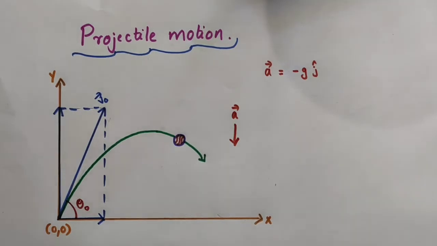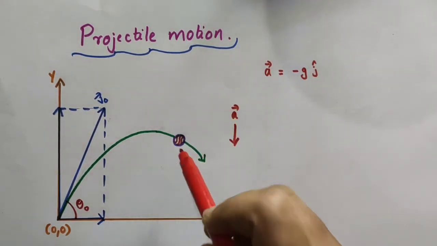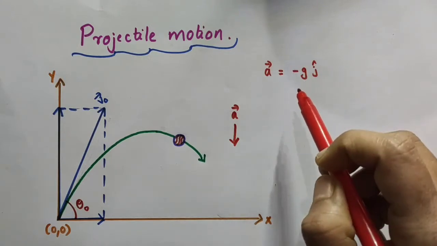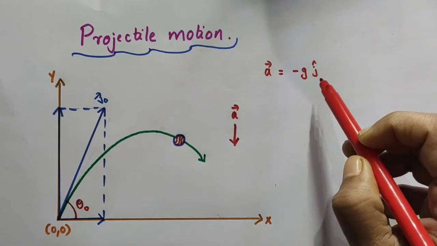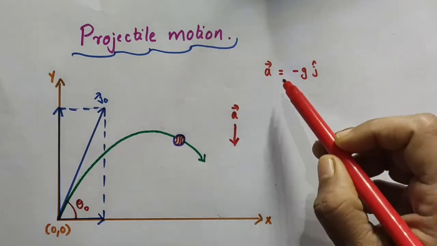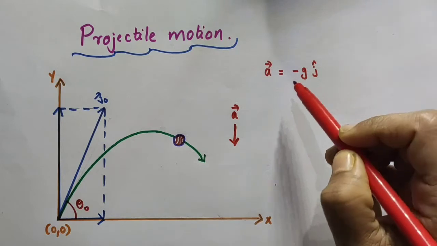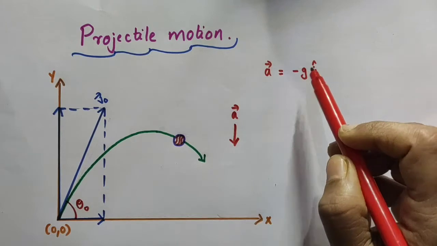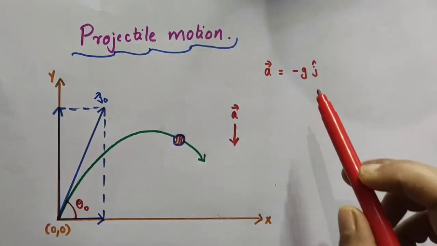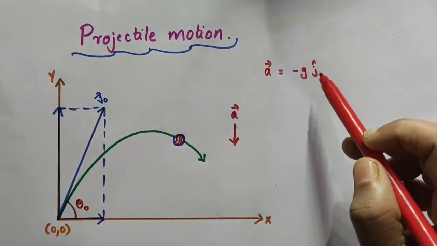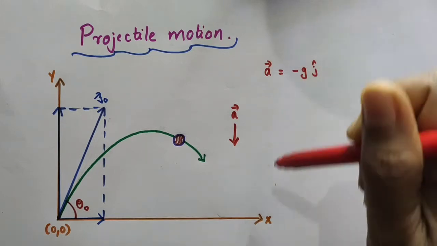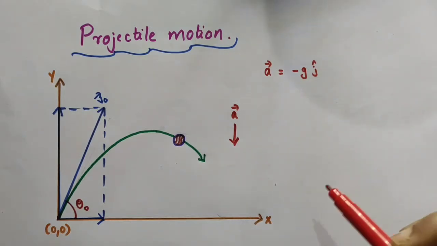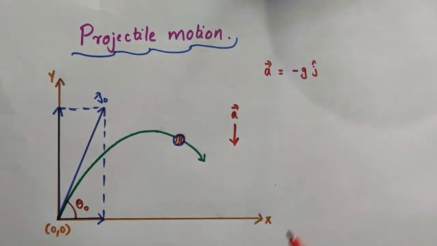So if we take vector A as the acceleration of this projectile, then we can write vector A as minus g j cap, where this minus j cap indicates that the acceleration is along the negative y direction, because j cap is the unit vector along the y-axis, and minus j cap means along the minus y-axis. Negative y direction means the downward direction.